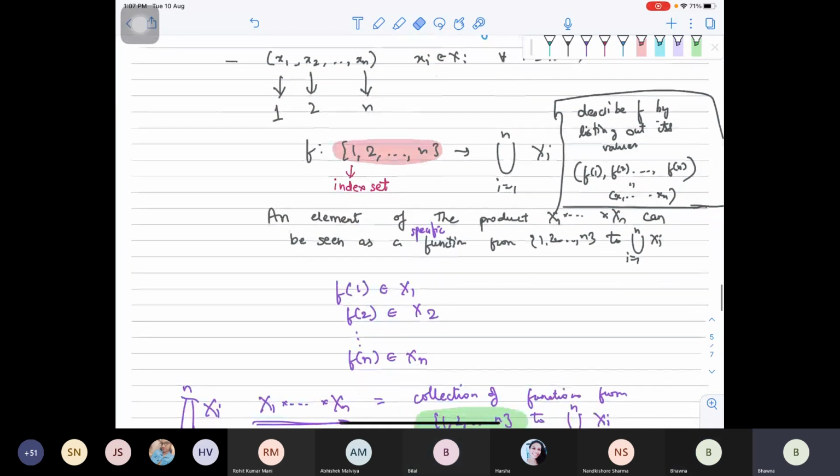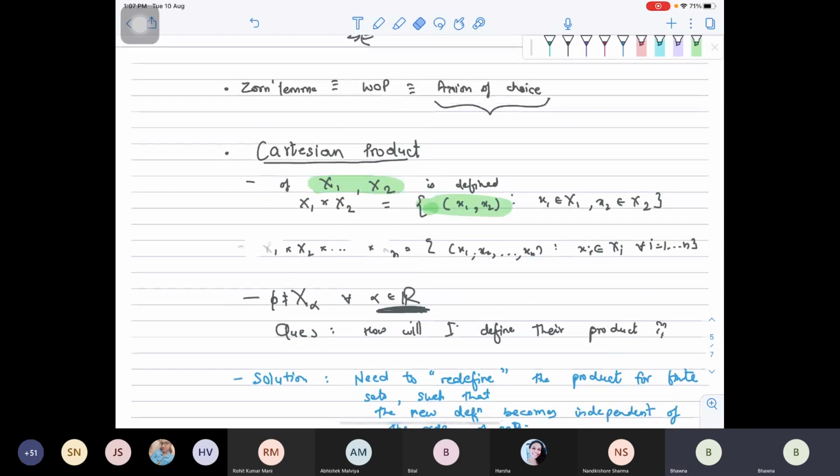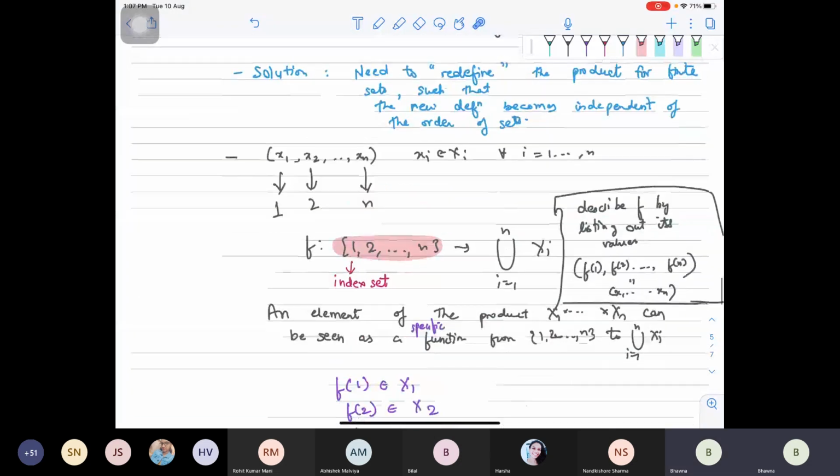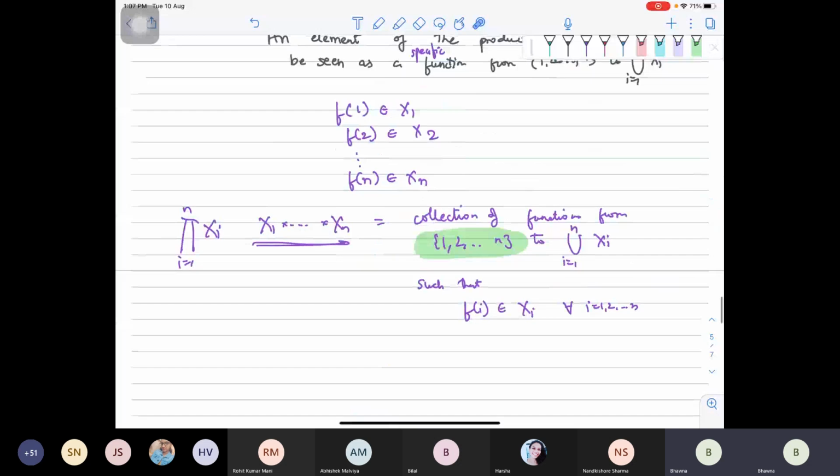Actually the index set is something which is used to identify the family of sets. We are given a finite family, so the index set was nothing but 1 to n, and in that way we defined the Cartesian product as a collection of functions from the index set to union of xi. The index set is used to identify sets in the family whose product we want to define.